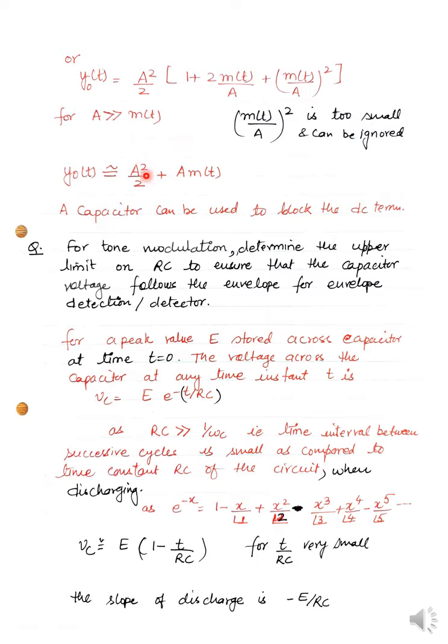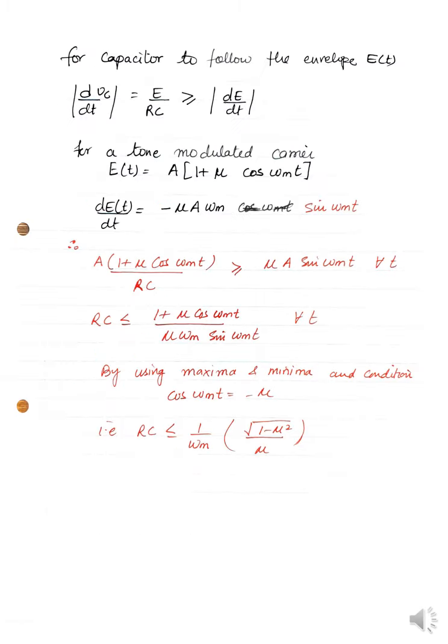We can use a capacitor to block this DC part and we will get the modulated signal. Now another one: for single tone modulation, determine the limit on RC to ensure that the capacitor voltage follows the envelope for envelope detection. I'm leaving this for you to go through and find out how it's been done.